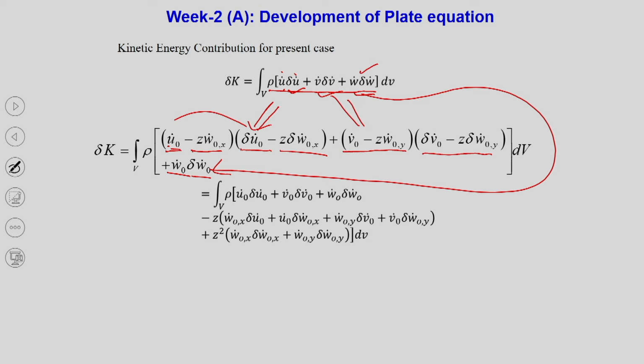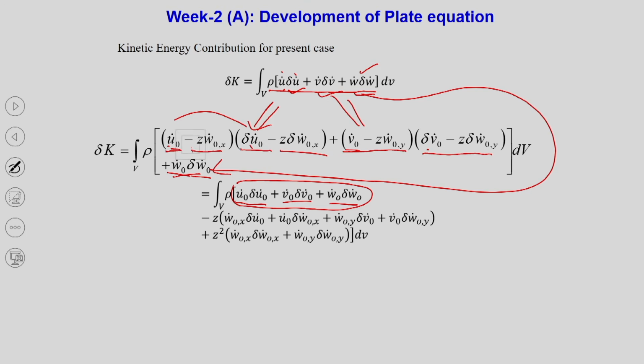So, u naught into δu naught, first contribution. I have already arranged in such a fashion that constant, z times and z square. Then again v naught δv naught, second term, and δw naught, this third term. So, 3 contributions. Then the function of z.